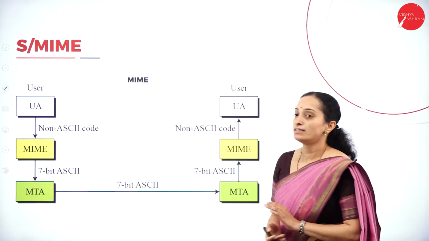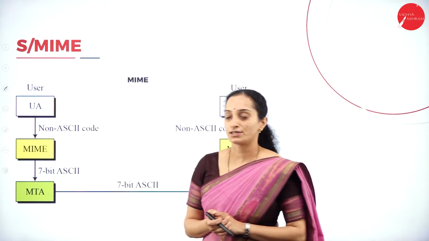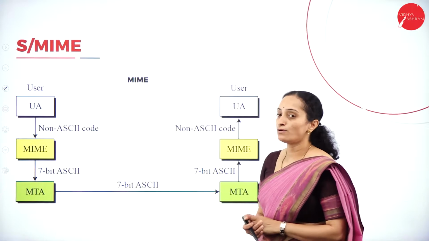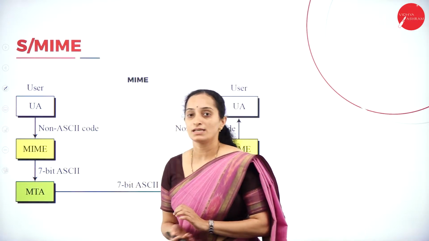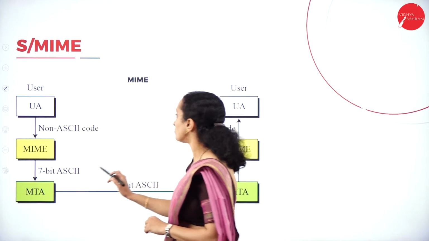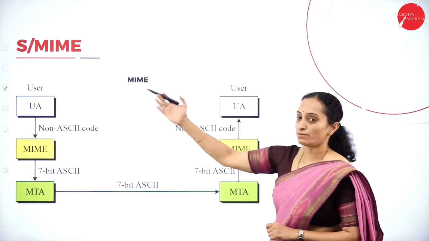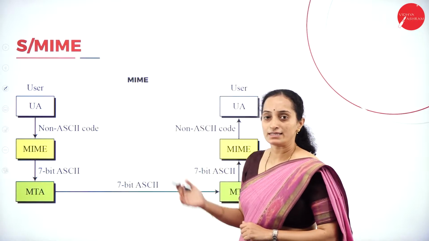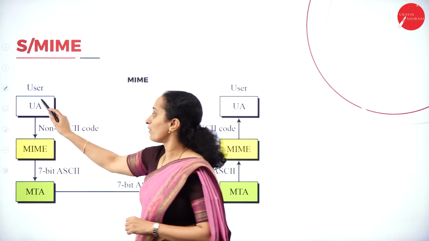Here we have the introduction to MIME. How is it going to be used in an email service? Here we have the users of the mail: one may be the sender, one may be the receiver.